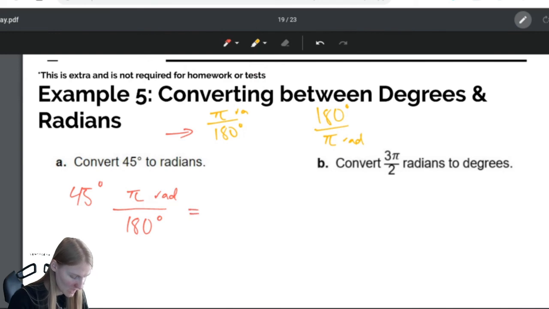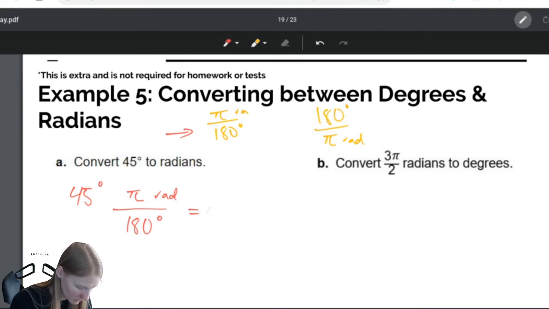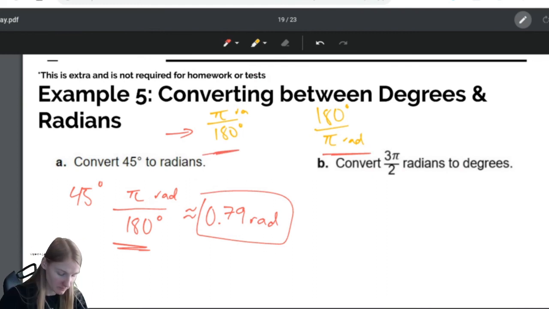So all we have to do is 45 times pi divided by 180. And I get approximately 0.79 radians. And that's it. That's it, just multiplying by one of these. All you gotta do is multiply by one of those, and you're good to go.